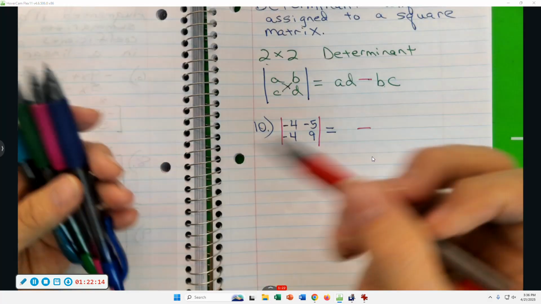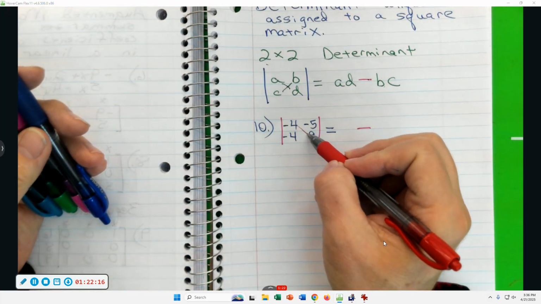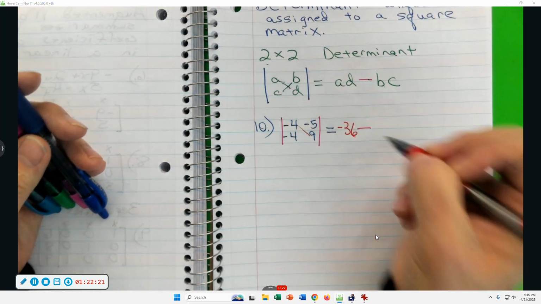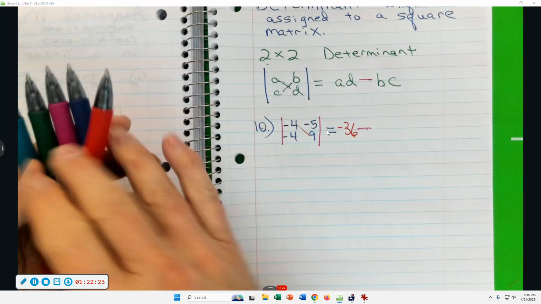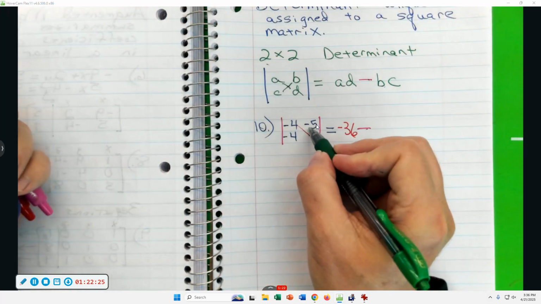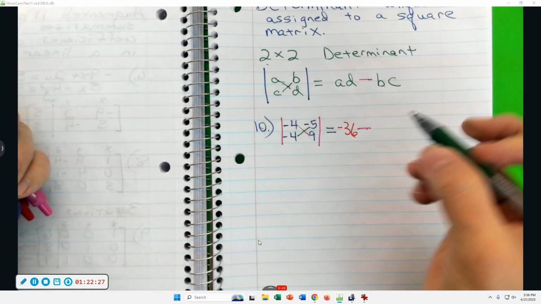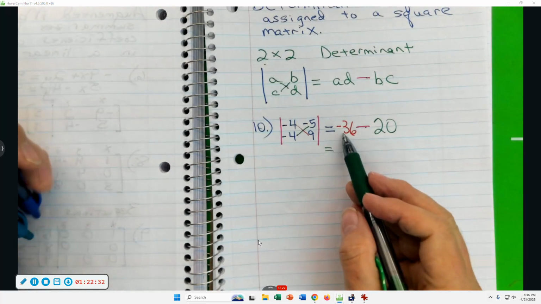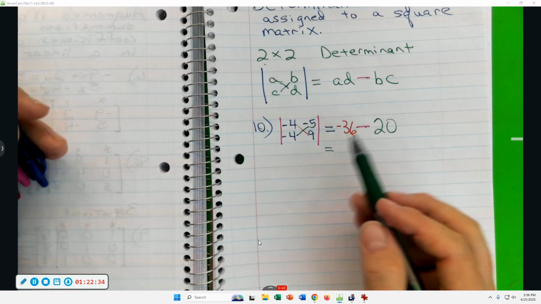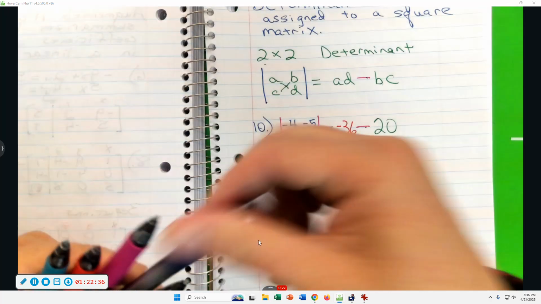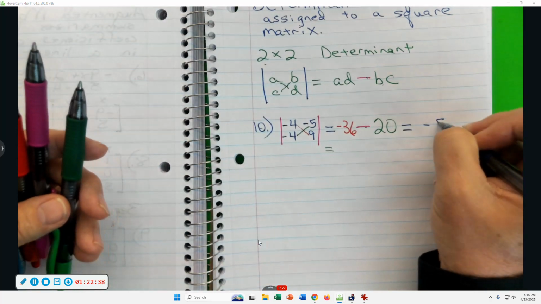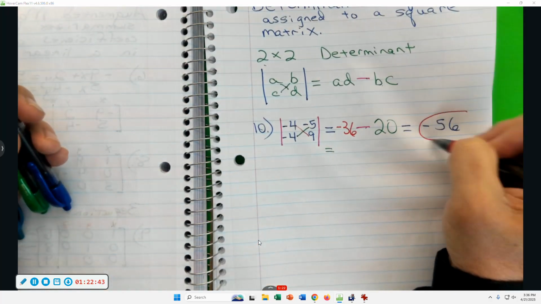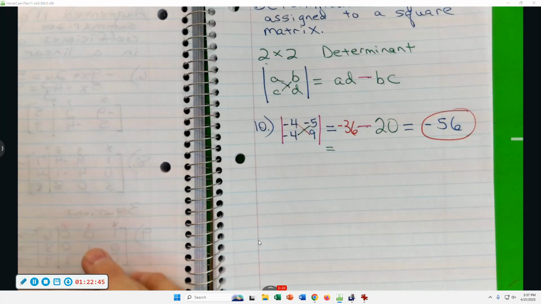You multiply -4 times 9, that gives me -36. Minus, now you multiply -5 times -4, that's 20. So that's -36 minus 20, that's -56. There's my answer. The determinant for that matrix is -56.